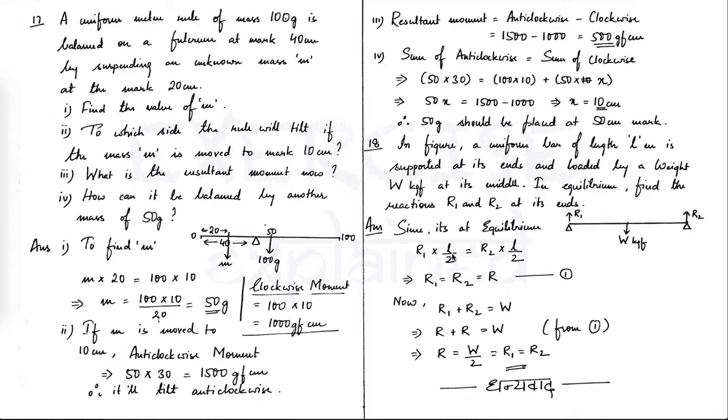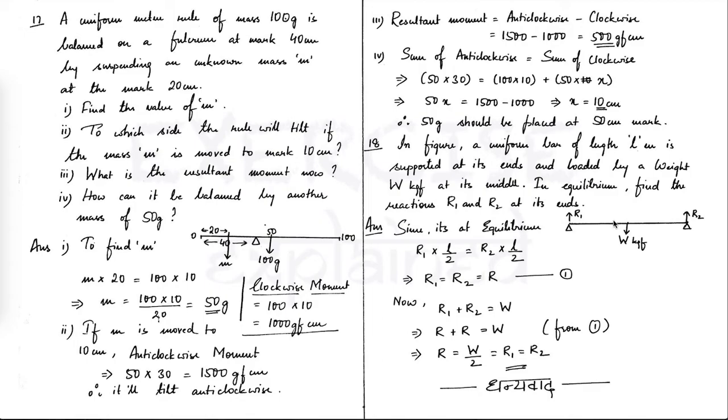So we can write R1 into L by 2 is equal to R2 into again L by 2, because this is at the center and the entire length is L. So R1 into L by 2 is equal to R2 into L by 2. Now we can cancel L by 2 on both sides. That gives us R1 is equal to R2. I take it as R, so R1 is equal to R2 is equal to R. I keep that as equation 1.